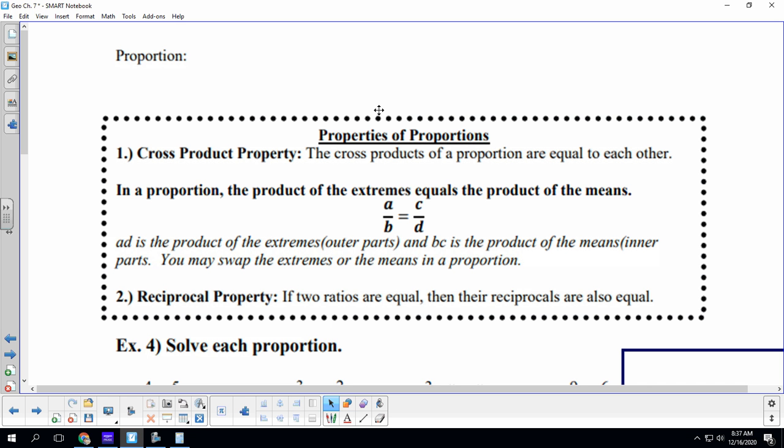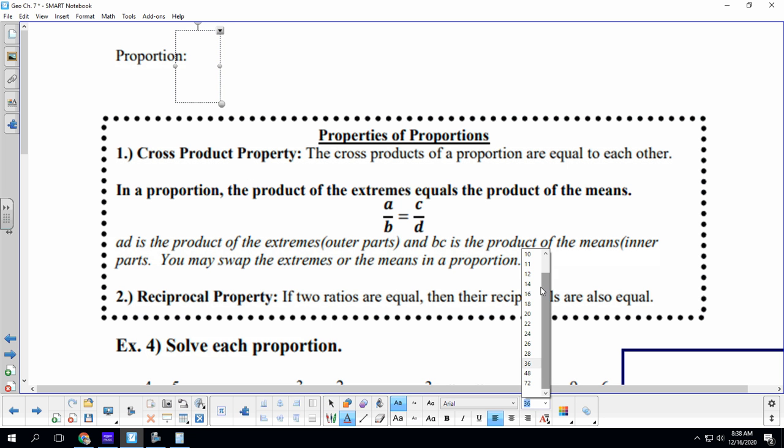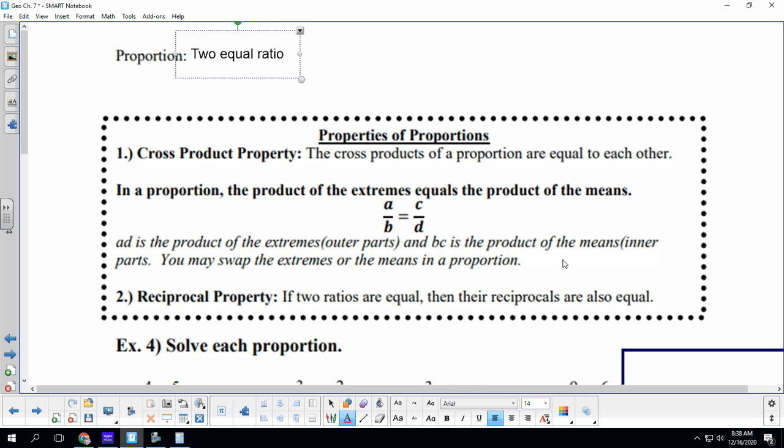All right, a proportion. A proportion is 2 equal ratios.